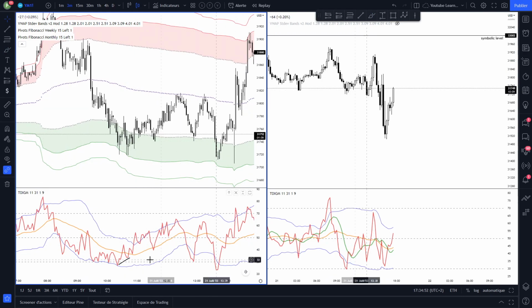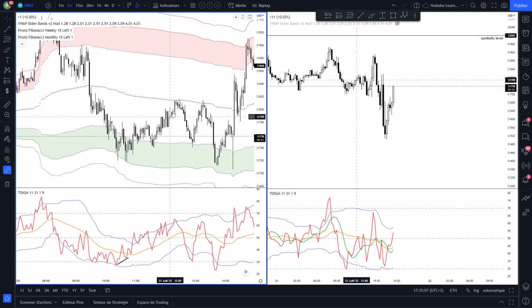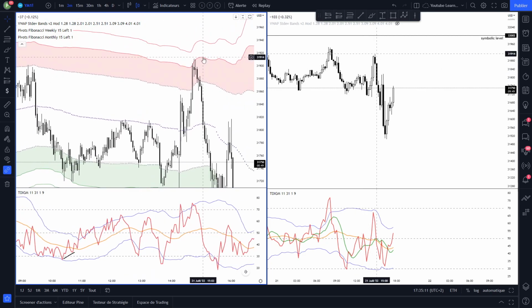And to enter a trade, I always look for the red line on the Traders Dynamic Index to reach at least 30 for a long position and 70 for a short position. After this trade, I didn't really take another trade, even this one, because it was not that far from the US Open.